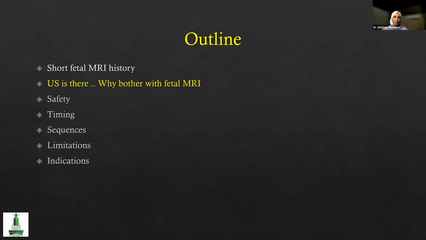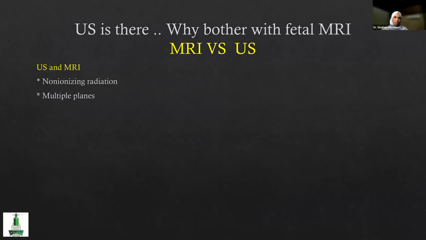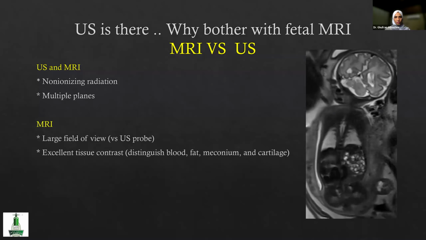So why bother with doing a fetal MRI if you already have fetal ultrasound? Both MRI and ultrasound utilize non-ionizing radiation, and they both can provide us with multiple imaging planes. However, MRI, as you see in this image, is able to obtain a larger field of view versus the smaller images that you can obtain with an ultrasound.